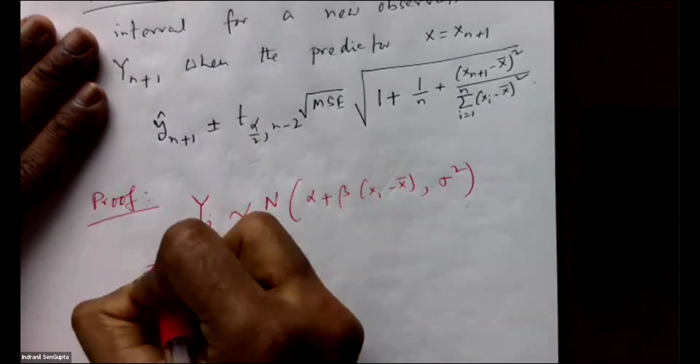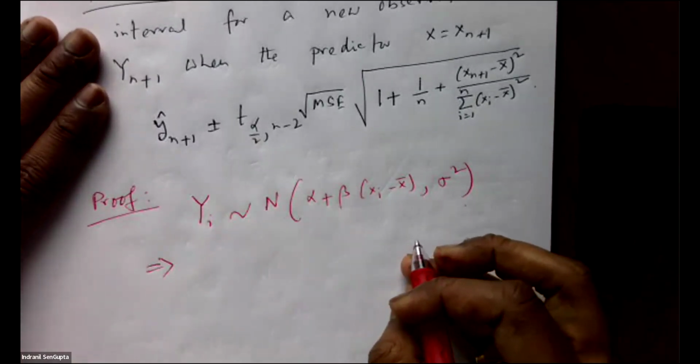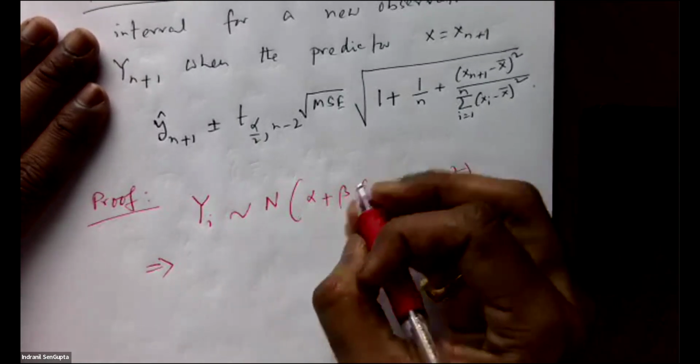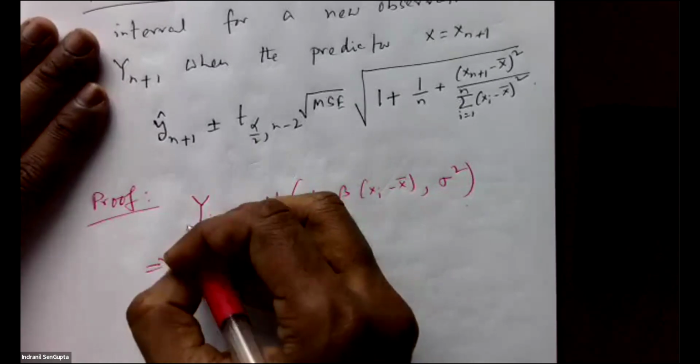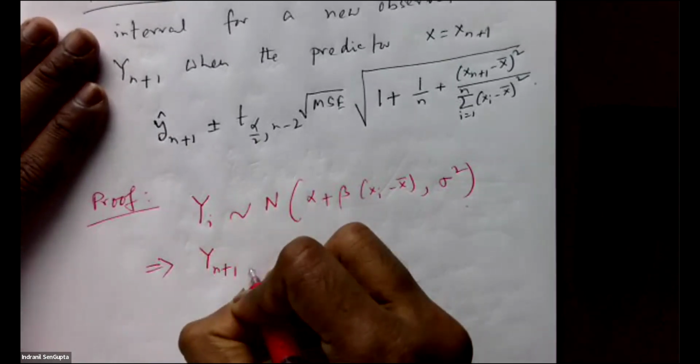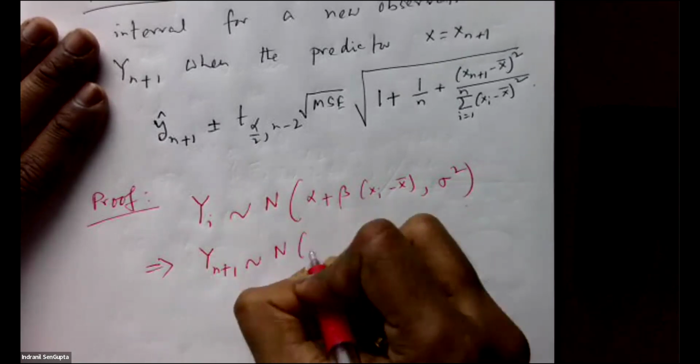Okay. So that means if I'm just writing this for a new observation n plus 1, y of n plus 1, this is going to be alpha.